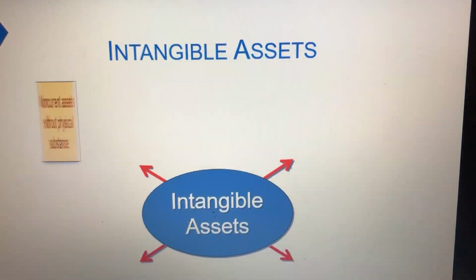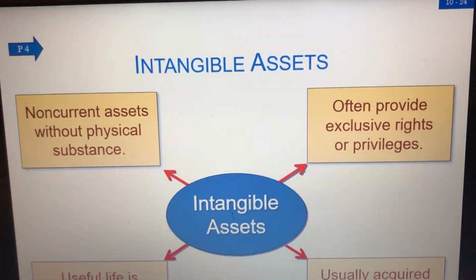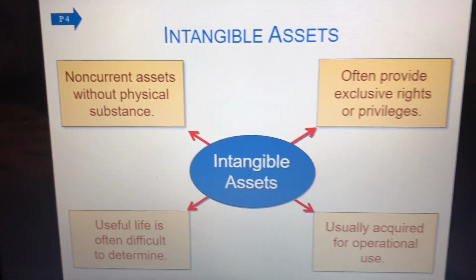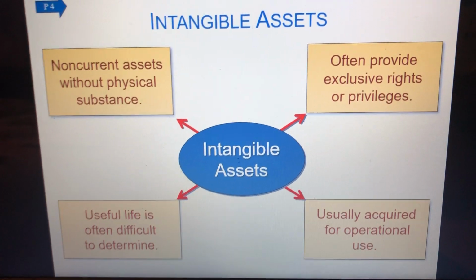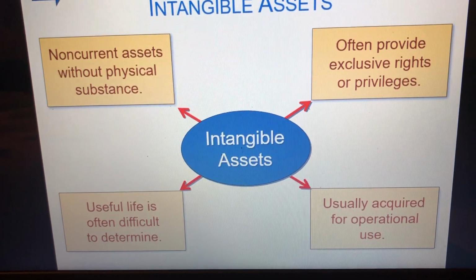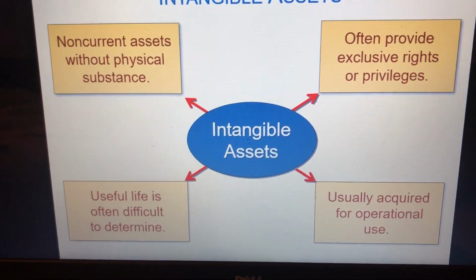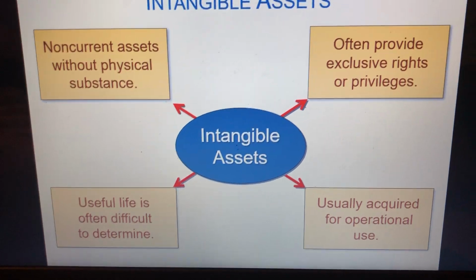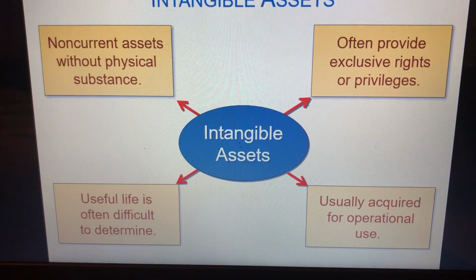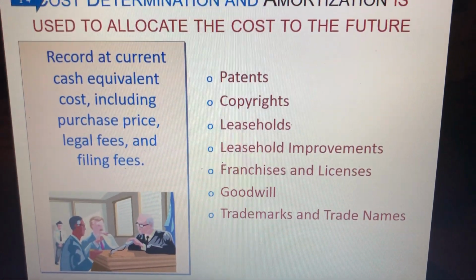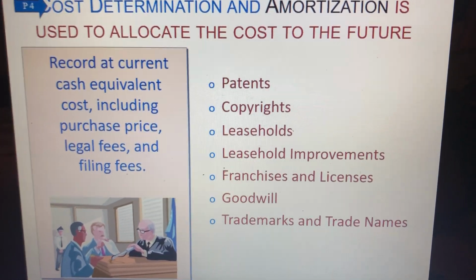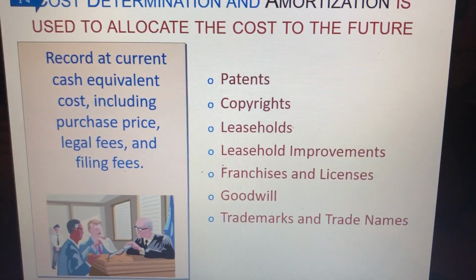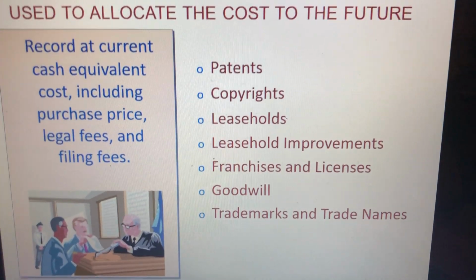The other thing I want you to know is intangible assets. We've talked about these, I think, before. You can't touch or feel them. They're usually represented by a piece of paper, exclusive rights to something, such as some examples would be patents, copyrights, leases, lease improvements, franchises, license, goodwill. And that's not like the Goodwill store.